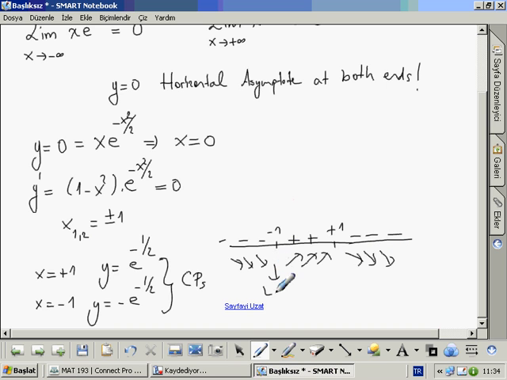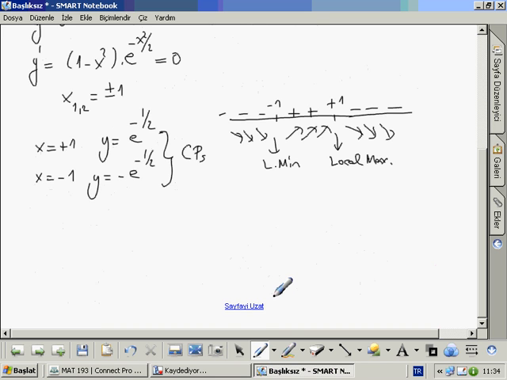So this is local minima, this is local maxima, and y2 prime equals x times (x squared minus 3) times e to the minus x squared over 2, and equals 0.